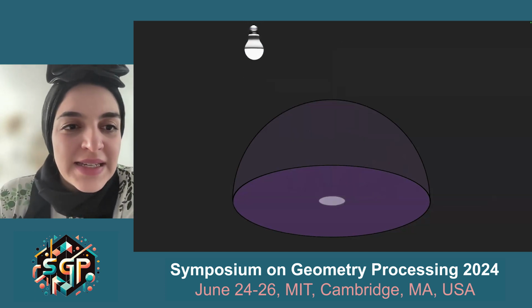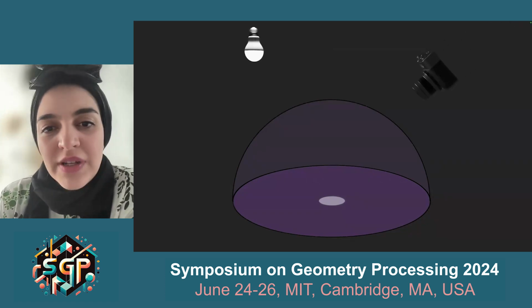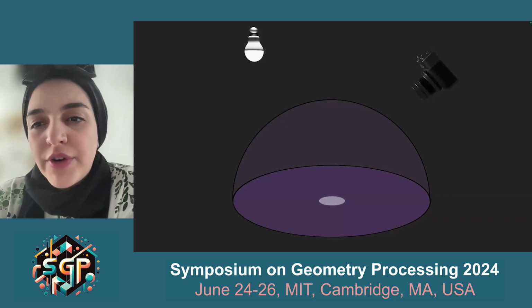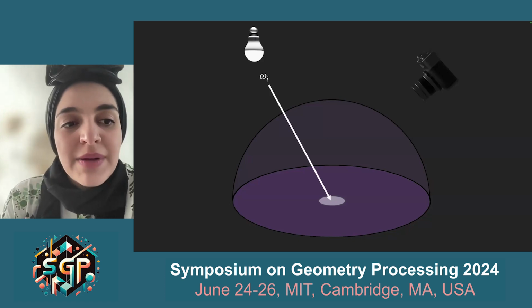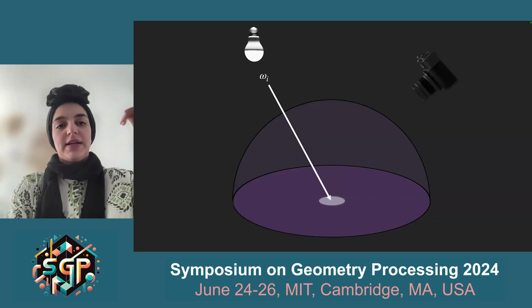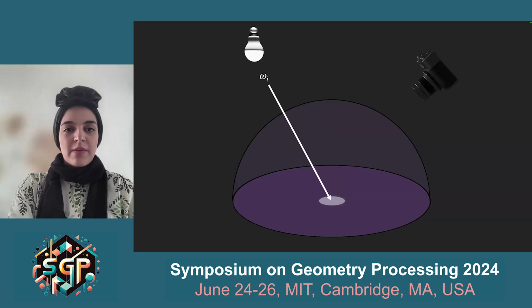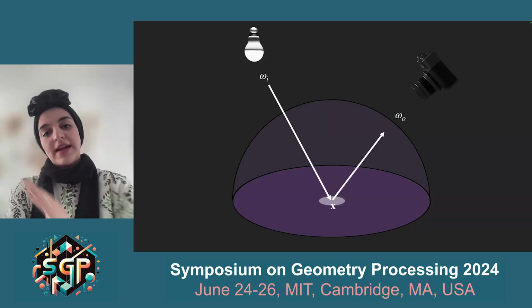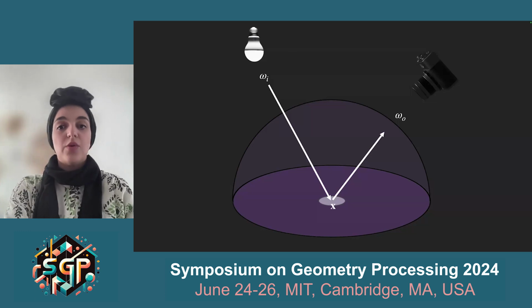So maybe casting it may be more familiar. What we are really talking about is how we evaluate a BRDF for a given material. Different types of material respond differently. For example, a light arriving along a given direction vector, omega I, striking at point X. But now, how much of that incident light or incident energy is reflected specifically along a particular outgoing vector, omega O?